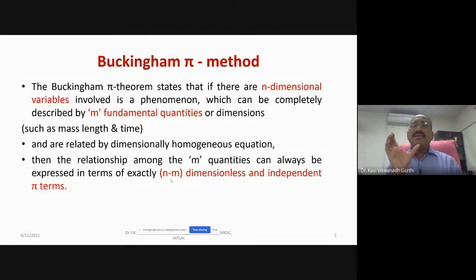So you have n variables involved in a phenomenon and m primary quantities, then n minus m becomes the number of dimensionless terms. These dimensionless independent terms are called pi terms. This is the Buckingham theorem.